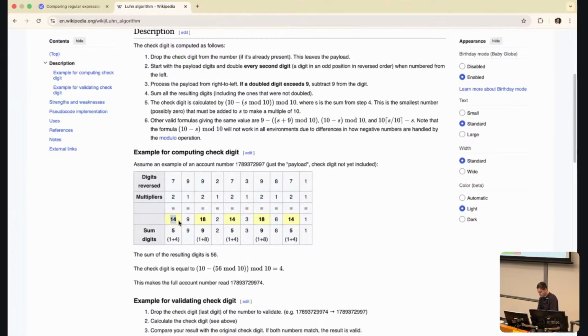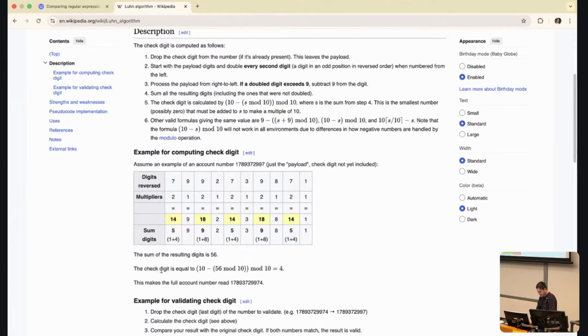That equals 14918... and then you just sum the two-digit characters. So if you have 7 times 2 is 14, that becomes 5, you just add 1 and 4, and then you leave the single digits. So you get 59925398851. Then you sum all of those to get 56.